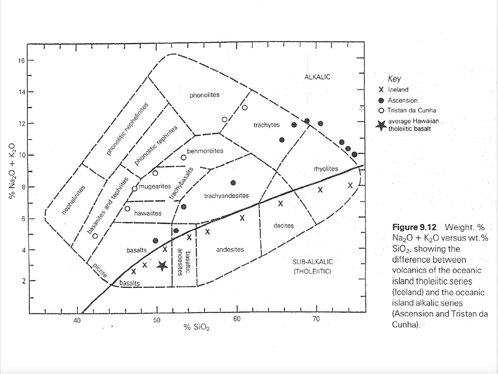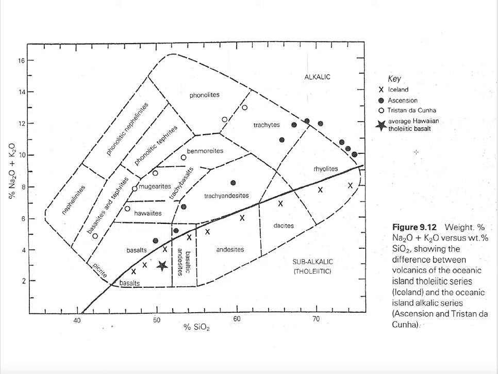Here in black dots, that is Ascension. There we also have basalts, basaltic andesites, but then we have trachyandesites, because these rocks are more alkaline. Then we form the trachytes, and also something close to rhyolites.